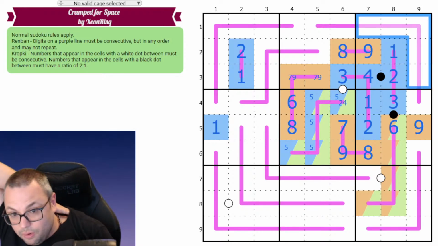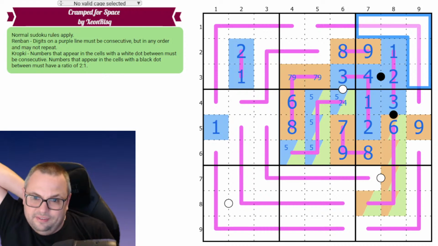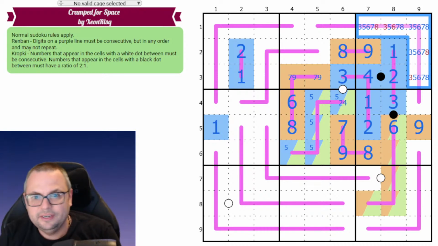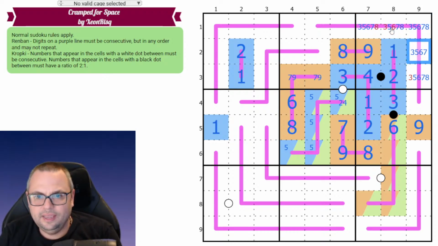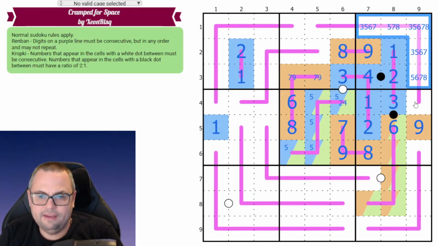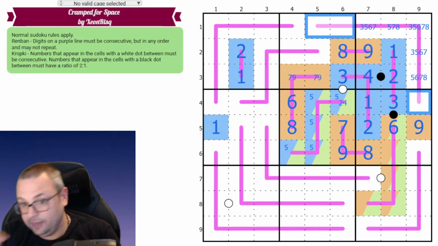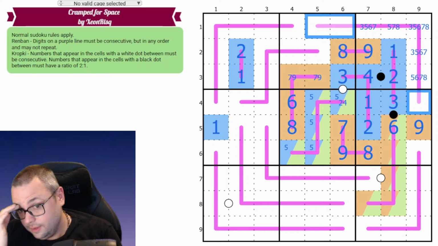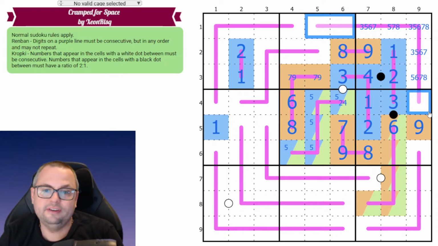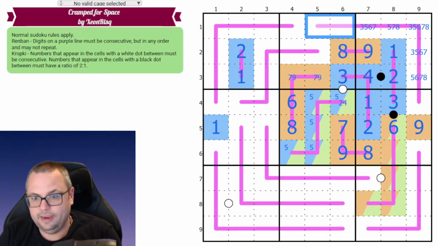I already know that this Renban has 3, 5, 6, 7, 8 on it. So that's 5 digits. Oh, 9 is the digit that's not on this Renban, right? So this Renban needs a 1 and a 2, and they go there.